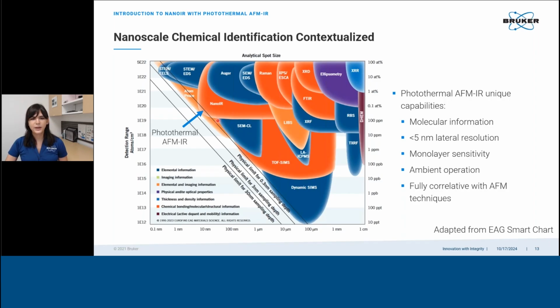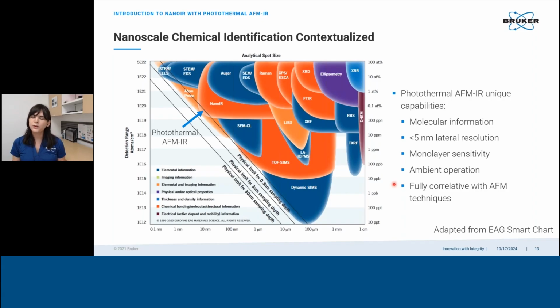But the unique space that NanoIR and AFM-IR specifically cover are this molecular information with a sub 5 nanometer lateral resolution, sensitivities down to monolayers of material, so less than 1 nanometer thick of material can be readily detected. And it can work in ambient conditions, so no UHV or high vacuum needed, while also being fully correlative with other AFM techniques.